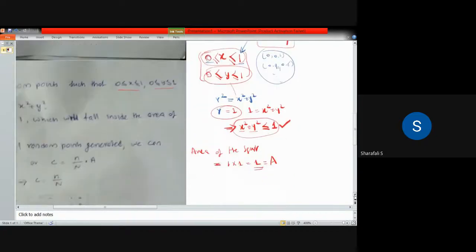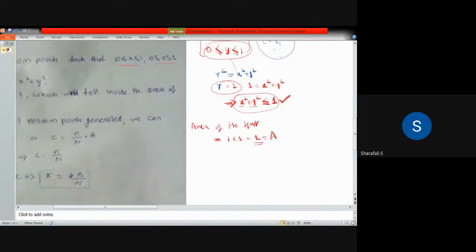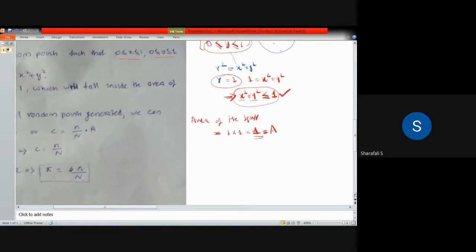So the area of that square, that is A, is equal to 1, because both the sides are equal to 1, if you consider the x and y axis. And what is the area of that circular part, the 1/4 circular part?